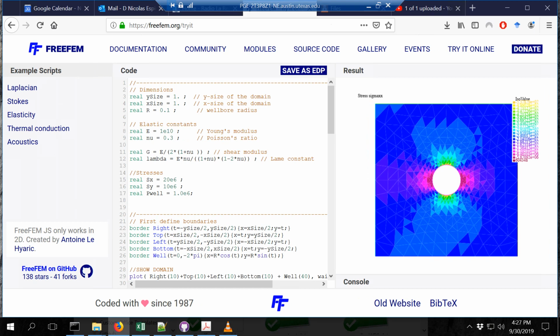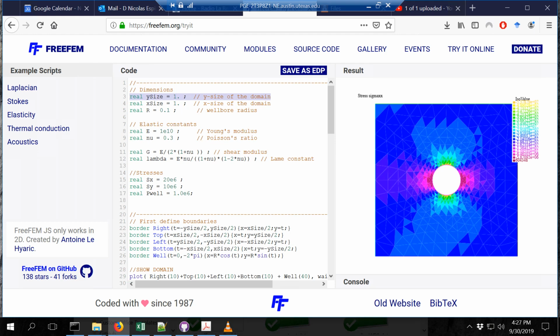In order to define a real variable, you write real, the name of the variable, equal to something. You need to finish every single line with a semicolon. For example, here I have a variable called y size equal to 1, and I add a comment saying this is the domain size in direction y.